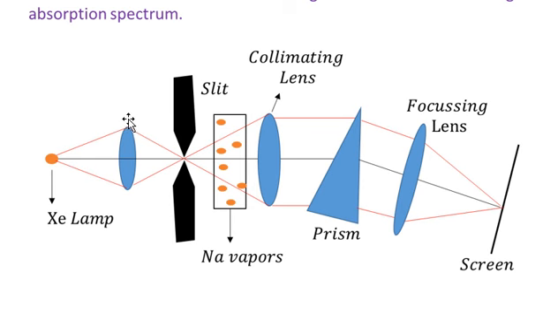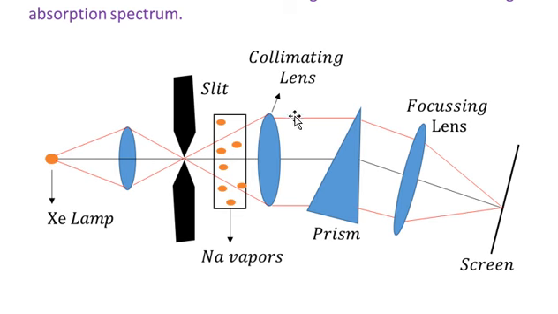This is a focusing lens which will focus the xenon lamp source onto a single point source at the center of the slit. The point source located at the center of the slit will diverge in the form of a spherical beam, and the spherical beam will be incident on the collimating lens, because the collimating lens is placed at a distance f, equal to the focal length of the lens, from the slit.